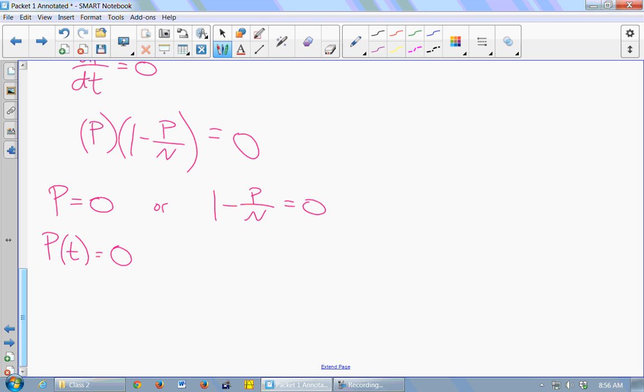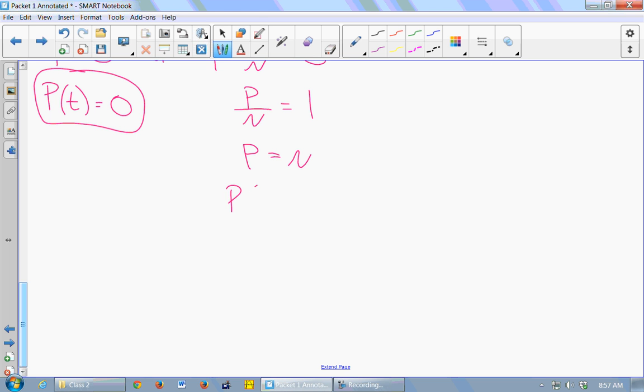If there are no members of the population, it cannot grow. So that is my first equilibrium solution. Okay, and then this one, I would say p over n has to equal 1, which means p has to equal n. So p of t equals n is another constant solution. If the population size is exactly the carrying capacity of the environment, the population size will never change. That make sense?